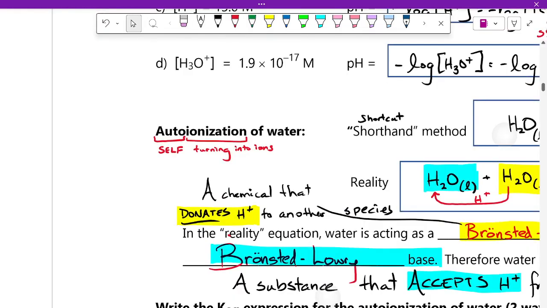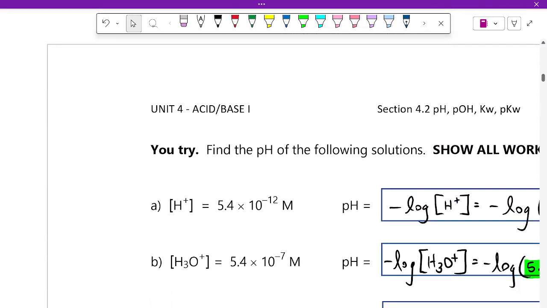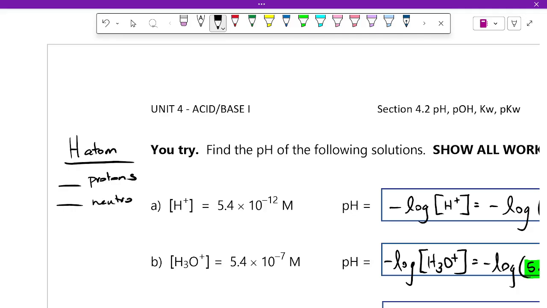Now, we need to learn a few other words here. So, first of all, we are going to talk about the hydrogen atom. How many protons, how many neutrons, and how many electrons are in a hydrogen atom?